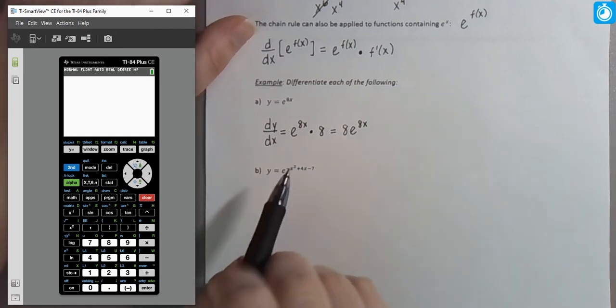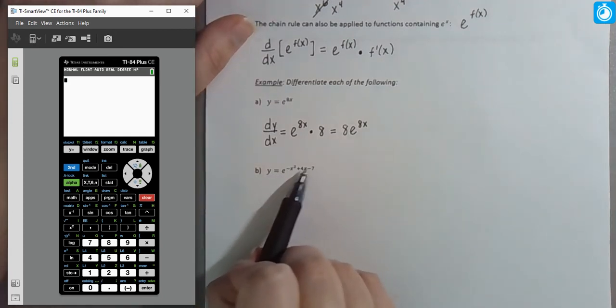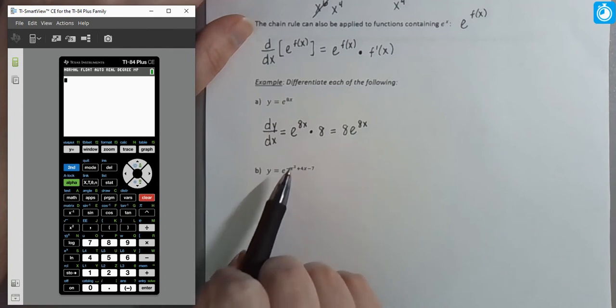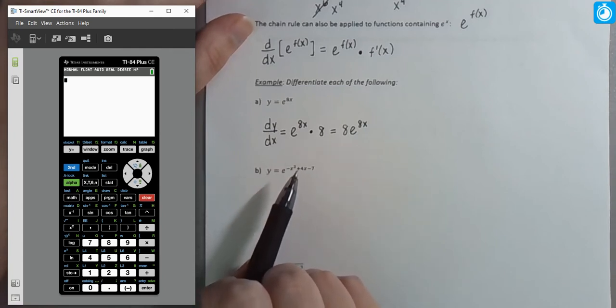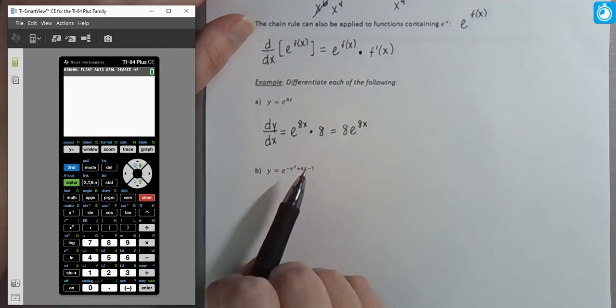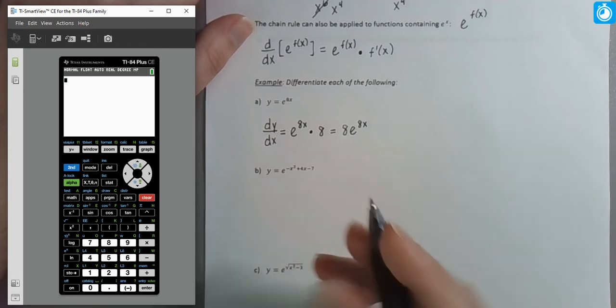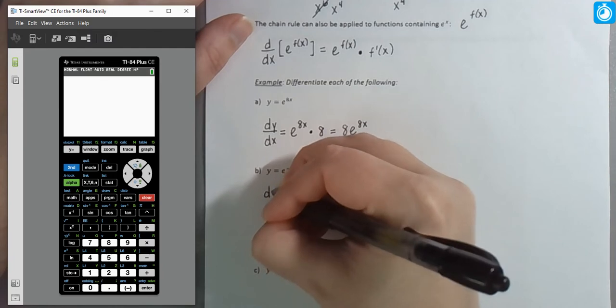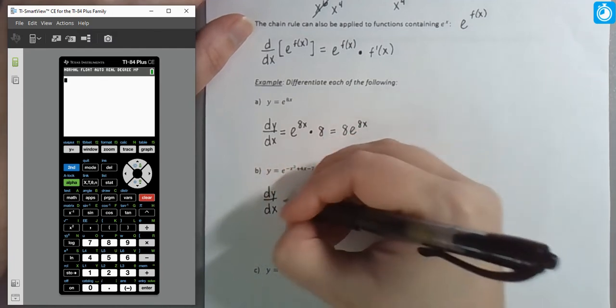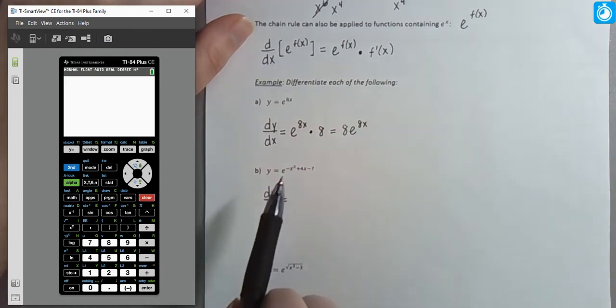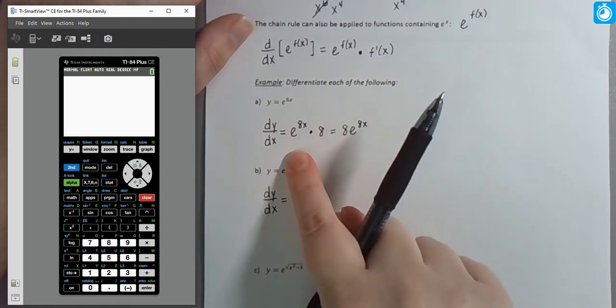Okay, let's look at another one. So e raised to this particular power, which is a quadratic trinomial. So e raised to the negative x squared plus 4x minus 7 power. So same approach, even though this exponent is more complicated, same approach. So the outer function is e to some power. So when we differentiate the outer function, we get e to that power.